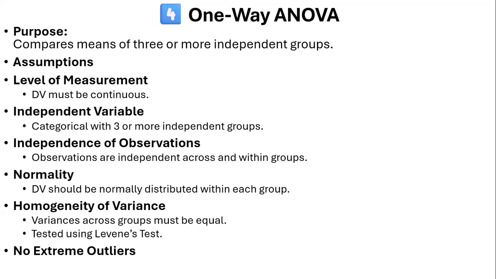But beyond the number of groupings, which normally is three or more, it is also important that you meet other assumptions. And what are they? The dependent variable, of course, should be measured on a continuous scale, which means either ratio or interval. That is why the preamble I presented on the assumptions of all parametric tests said either interval or ratio.